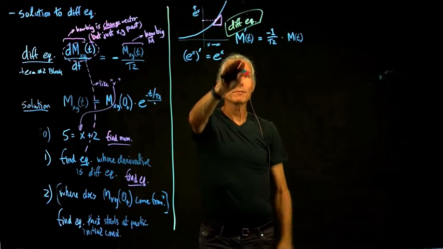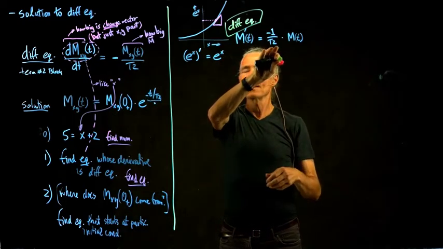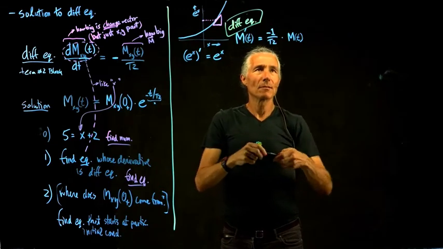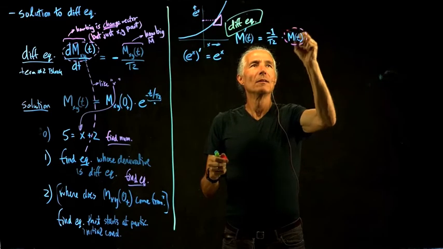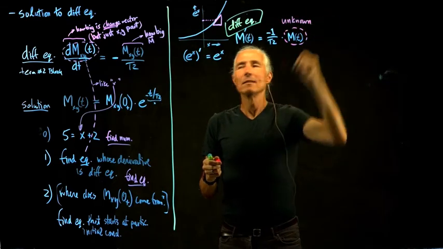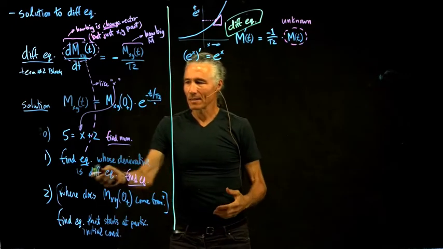So the derivative of an unknown function is equal to this constant times the function. So remember, this is the unknown instead of x. So we're saying we're looking for a function, not just a number.